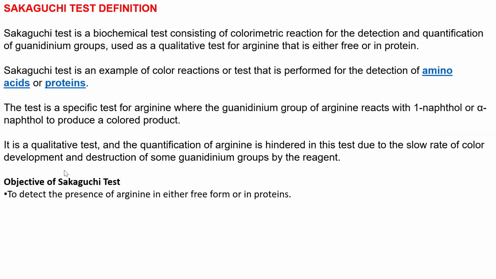So the test is specific for arginine, where the guanidine groups of the arginine will react with alpha naphthol or 1-naphthol to produce a color product. So it is a qualitative test, and the quantification of arginine is hindered in this test due to the slow rate of color development and the destruction of some guanidinium groups by the reagent. So it means that there is a limitation.